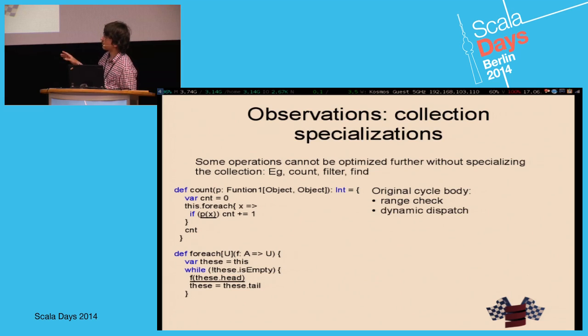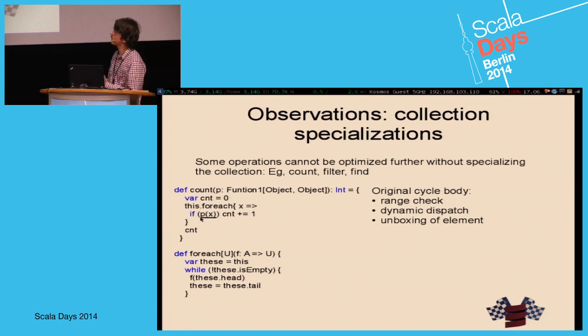Now you'll have dynamic dispatch that goes back to count. The first dynamic dispatch is almost free, but the second one is not, because you're passing a generic function out of scope, so HotSpot isn't smart enough to inline it. Then you'll have unboxing of elements. Because the original element was boxed, you'll pass it to the function as a boxed one.